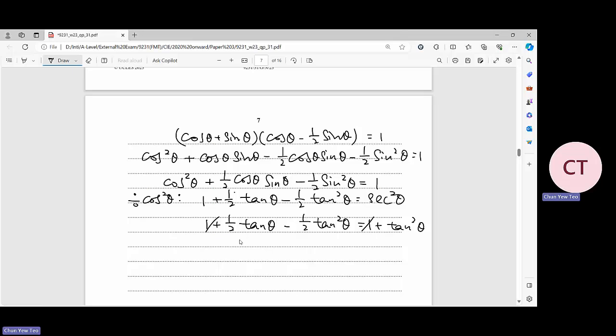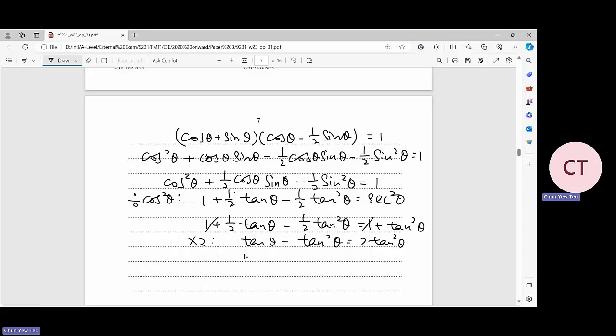So at the end, I times 2 first. I make it tangent theta minus tangent square theta equal to 2 tangent square theta.